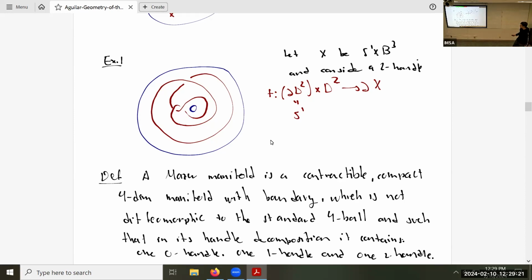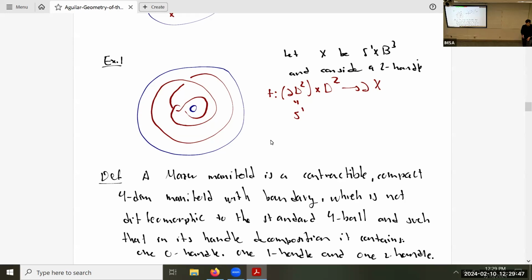So now the definition of a Mazur manifold is as follows. For me, a Mazur manifold is going to be a contractible, compact, 4-dimensional manifold with boundary, which is not diffeomorphic to the standard ball, and such that if you decompose it with this type of handles, it contains one 0-handle, one 1-handle, and one 2-handle.